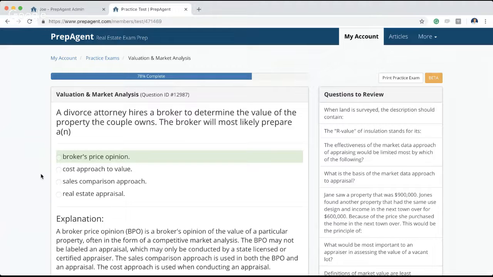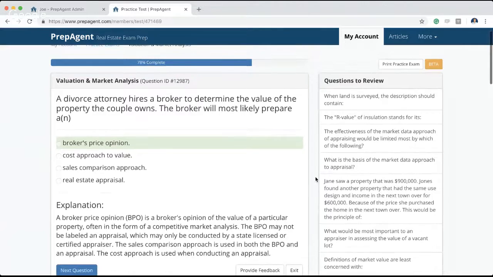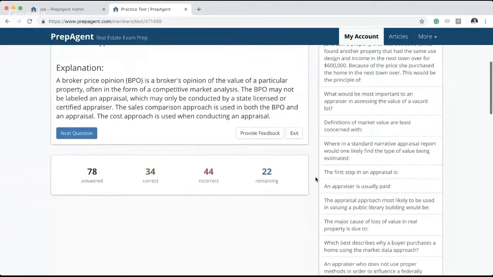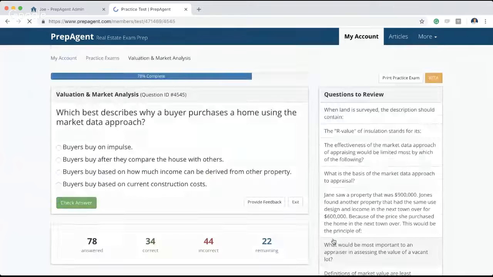Okay, broker's price opinion. Okay, that's not the same as an appraisal. All right, does everybody understand that? That is not the same as an appraisal. An appraisal is done by a certified appraiser.